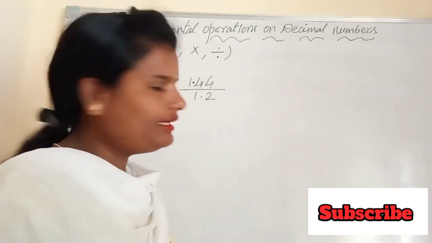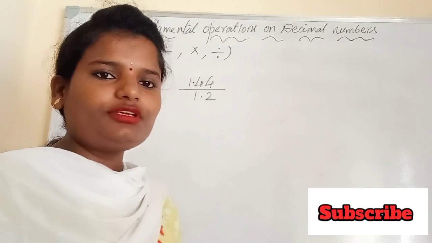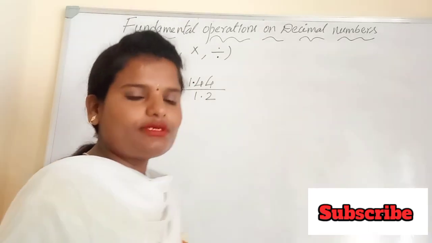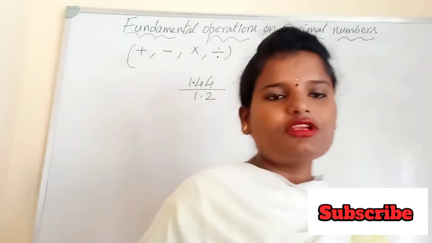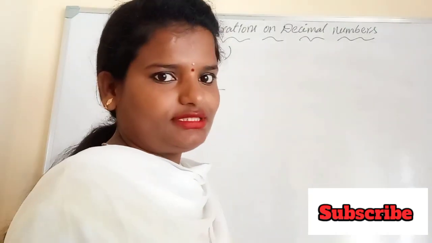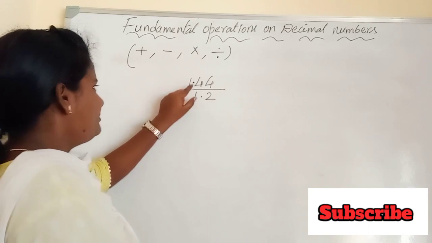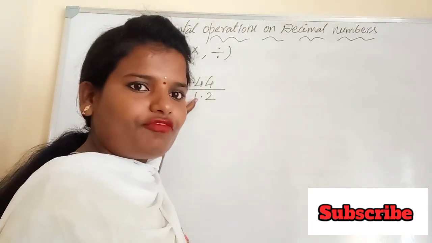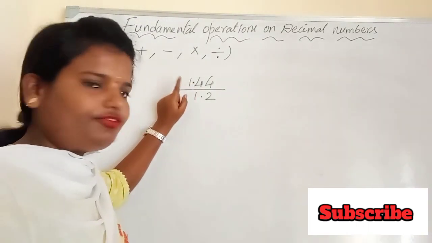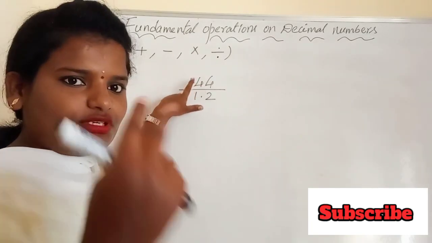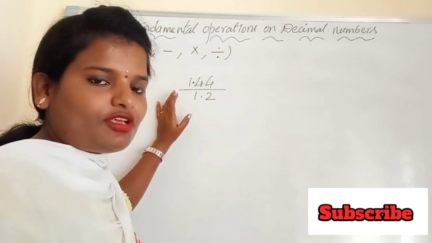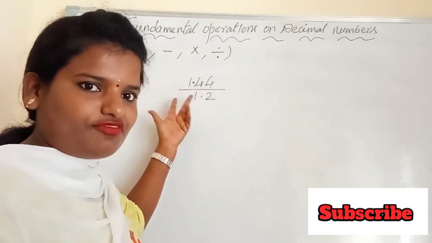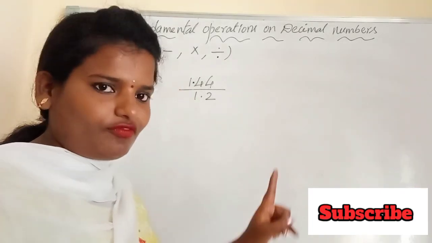If you observe, both the numbers are decimal numbers, and after the point the number of digits are not the same. In the numerator after the point, how many digits are there? 2 digits are there. In the denominator after the point only 1 digit is there. So how much is required? 2 minus 1 is 1, right?